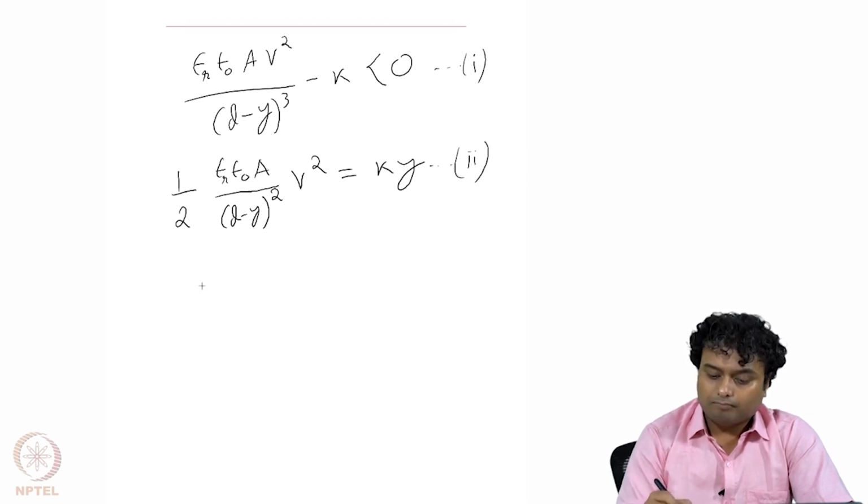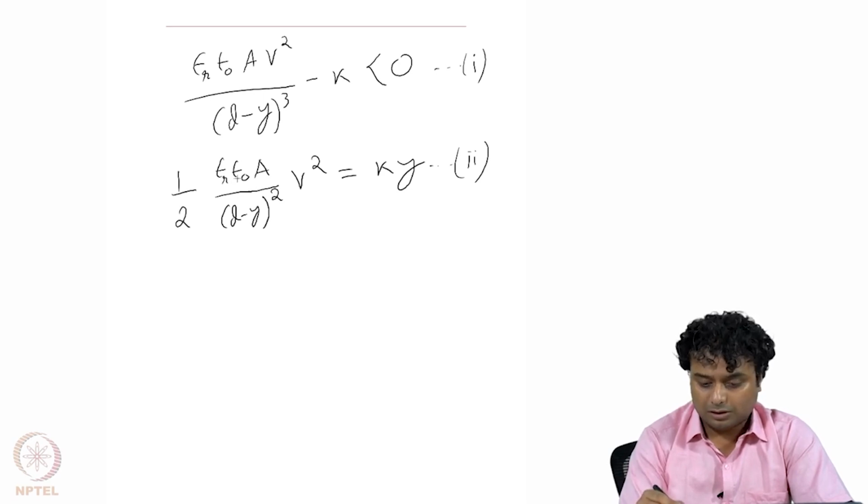From equation 2, we put the epsilon r epsilon naught A divided by (d minus y) whole square into V square term as ky.